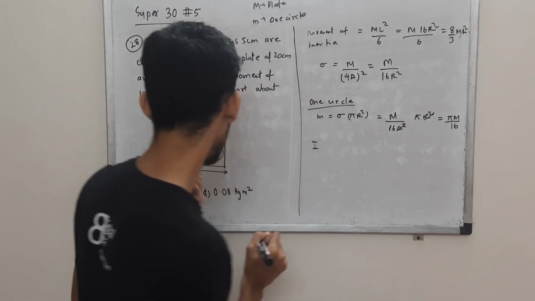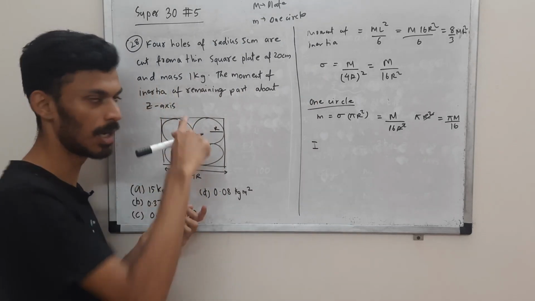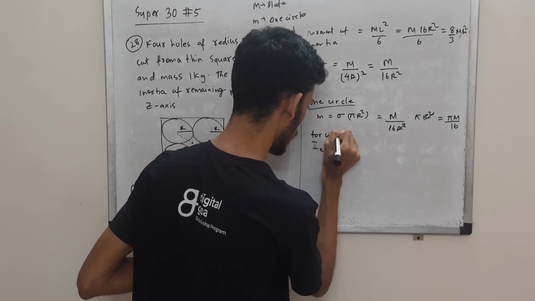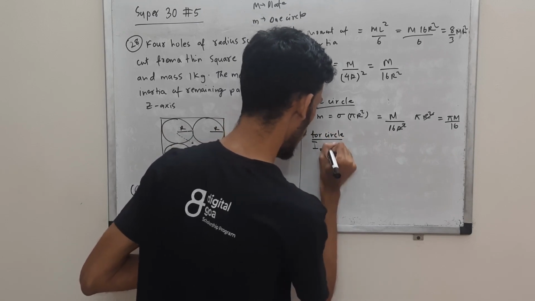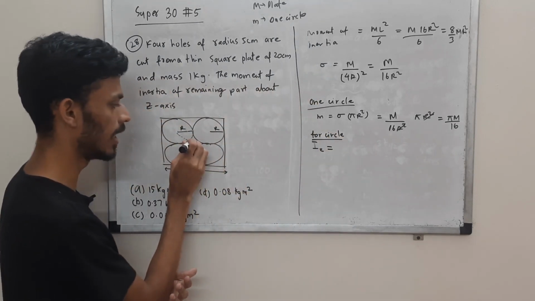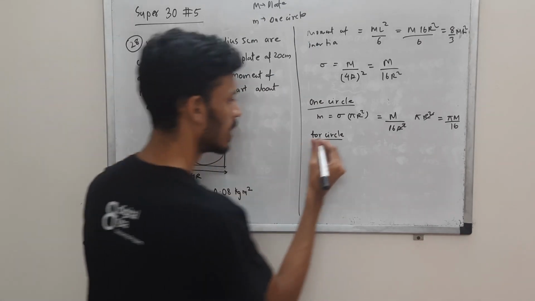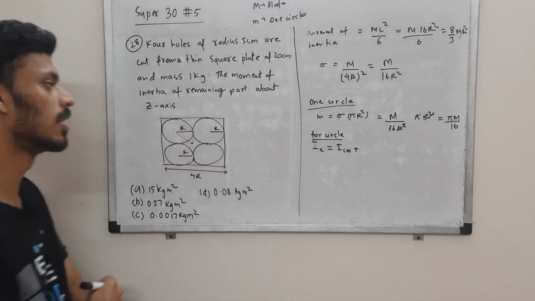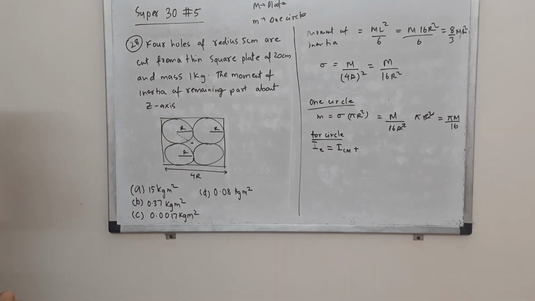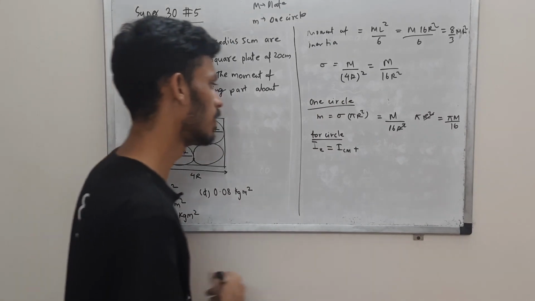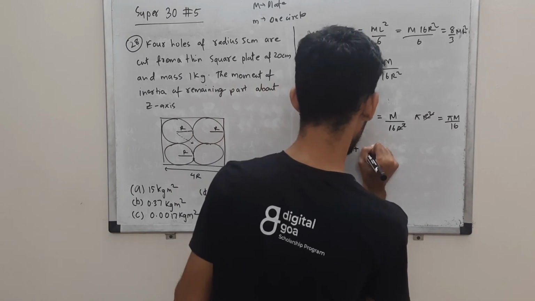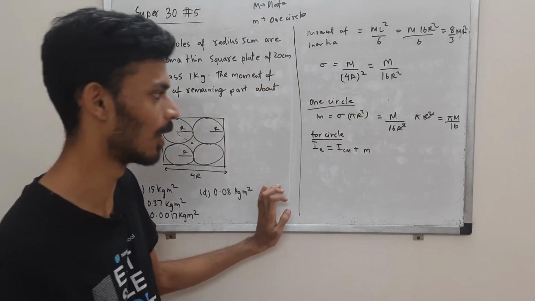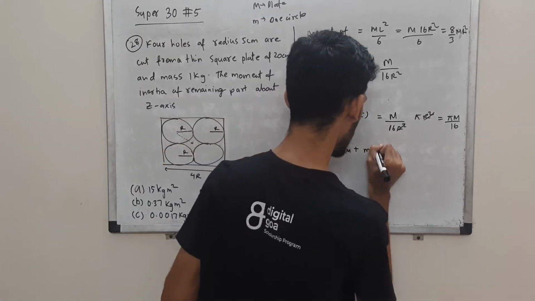The moment of inertia about the z axis, which is coming out, for one circle, Iz, will be the moment of inertia about the center of mass plus the mass of the circle, small m, into d square.